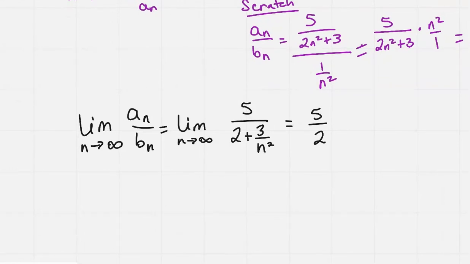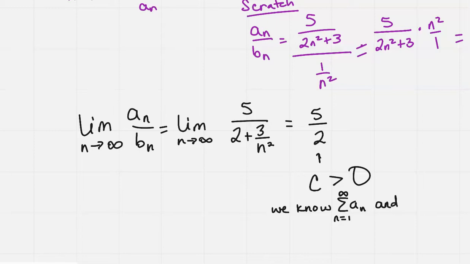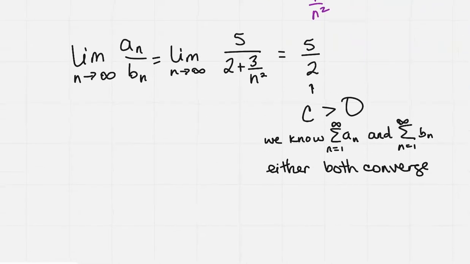And the big deal of that is, if we call that C, by the limit comparison test, that's greater than 0. So we know the summation of the series of a sub n and the series of b sub n either both converge or both diverge.